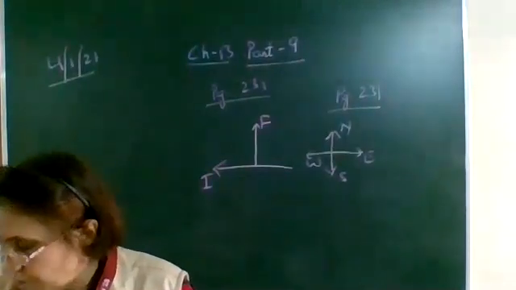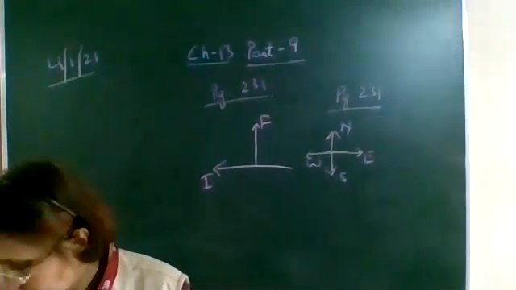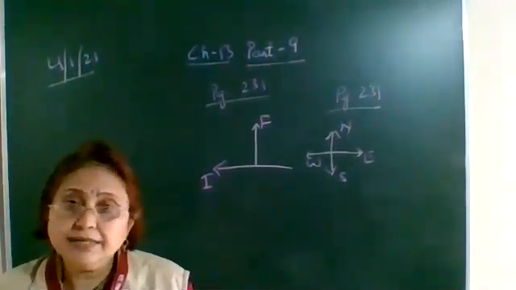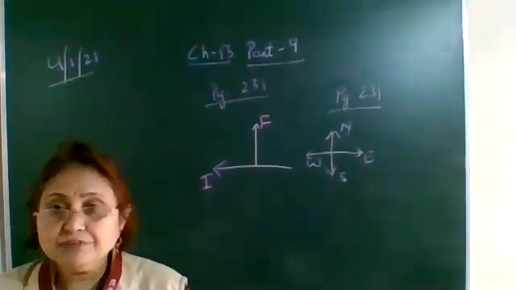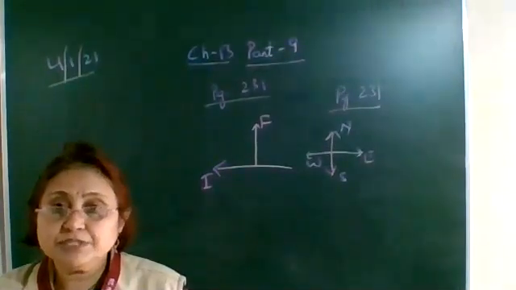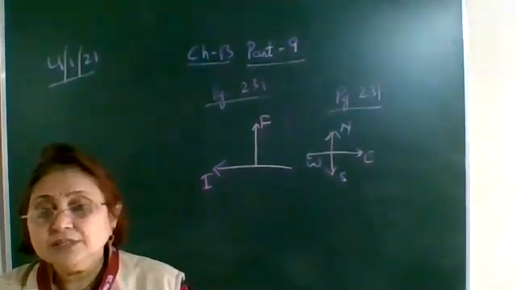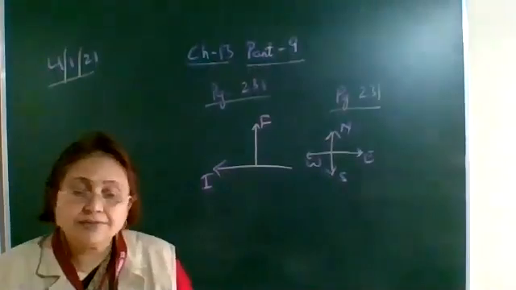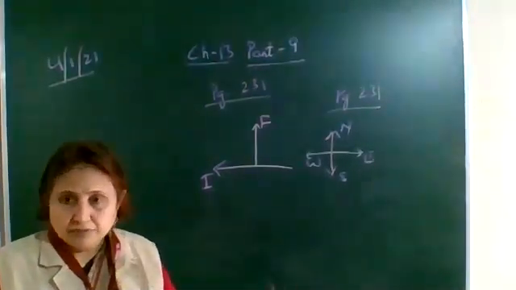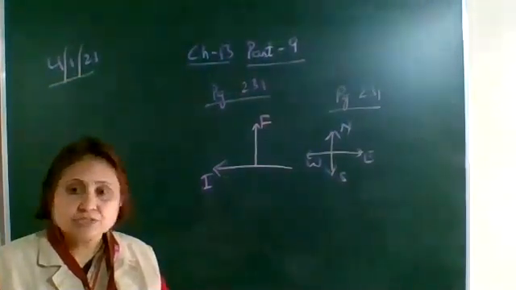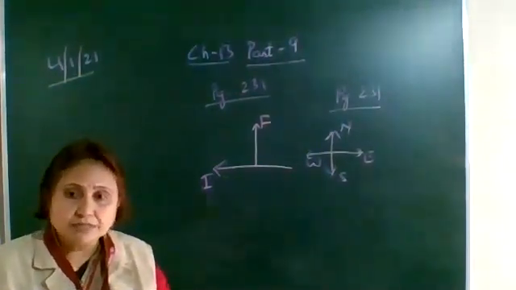Okay, next there are two devices in this chapter, electric motor and electric generator. This will be discussed later on. One of the devices has been deleted from the CBSE syllabus for this year only. And these devices, the electric generator and the electric motor, you don't have to study in detail. In higher classes, you will study about their construction and working.